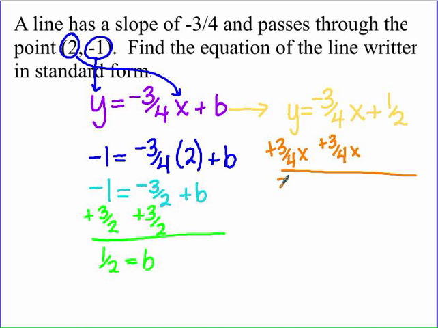So I really get 3/4 x + y = 1/2. Now what's going to happen is when you look at the answers, you're probably going to notice that none of the answers will have fractions. Okay, and so I have to somehow get rid of that fraction form. So how can I get rid of the fractions? What am I going to multiply by?